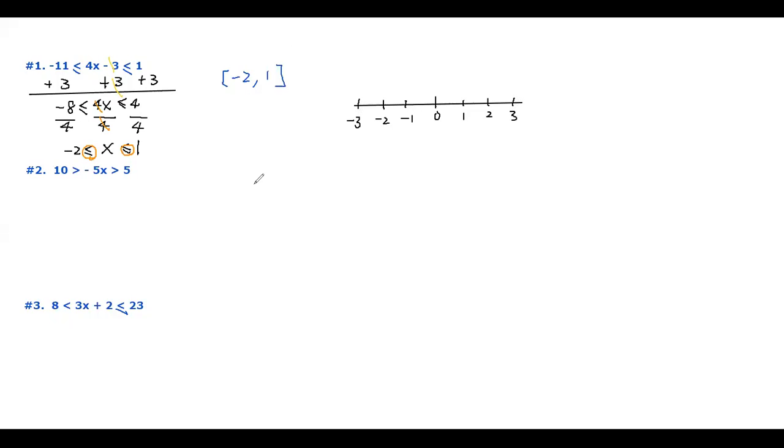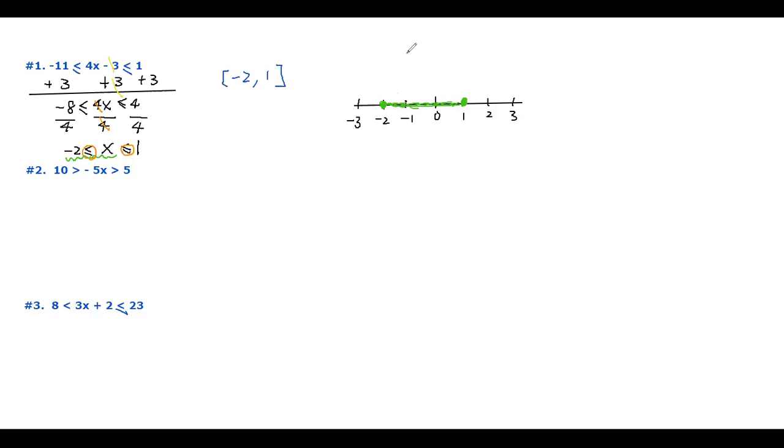Let's take a look at this one. x is greater than or equal to negative 2, so I go to the right-hand side. It's a solid dot because I have an equal sign. And x is less than or equal to 1, so 1 is here. x is greater than negative 2 and less than 1. So here, this is the solution, right?